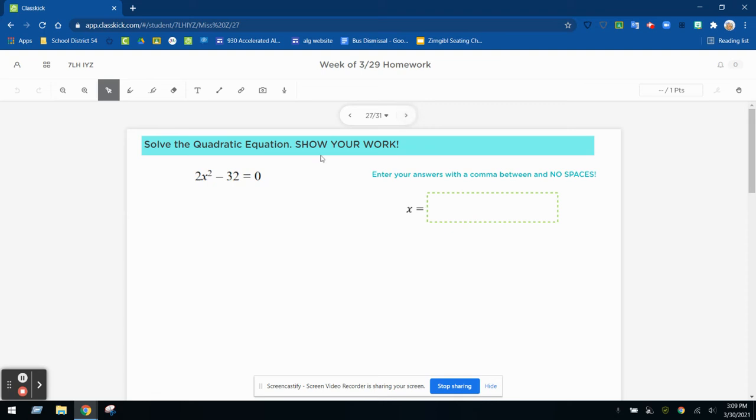All right, looking at 2x squared minus 32 equals 0. I see here that I can solve by taking square roots because I only have one variable, so I only have one x squared in there. So I'm going to start by adding 32 to both sides. Now I get 2x squared equals 32, and I can divide by 2.